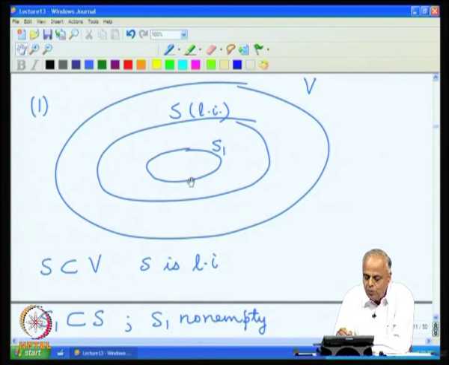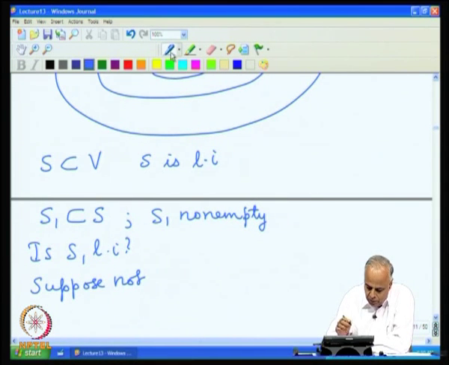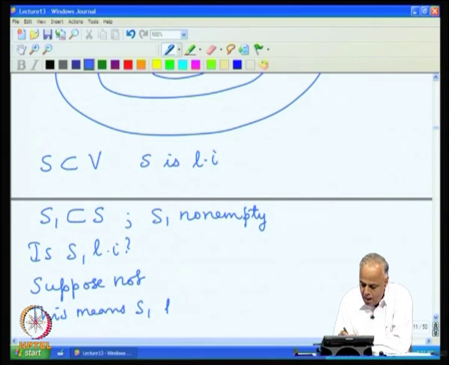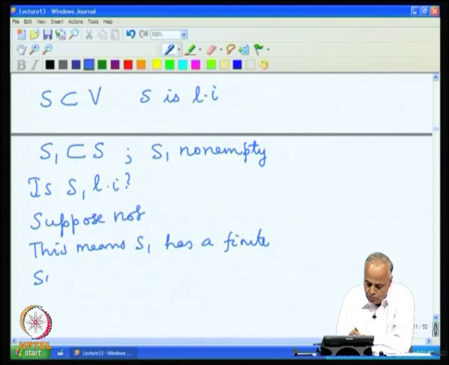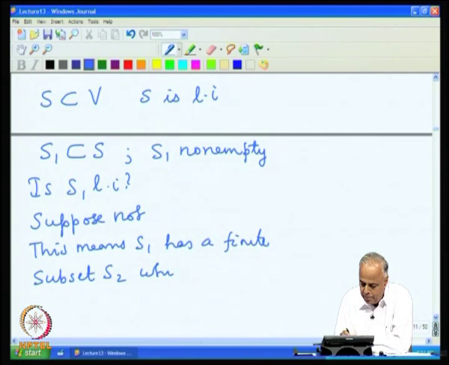The moment S1 is not linearly independent, it must have a finite subset which is linearly dependent. So, this means S1 has a finite subset S2 which is linearly dependent.